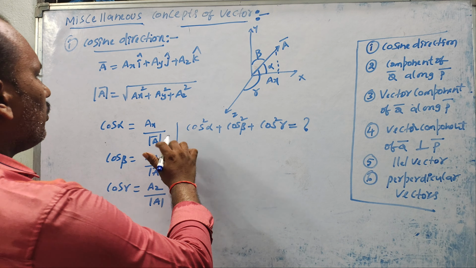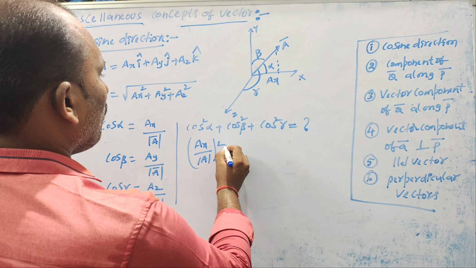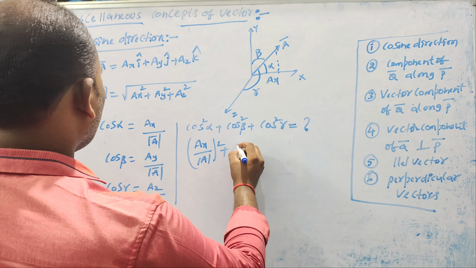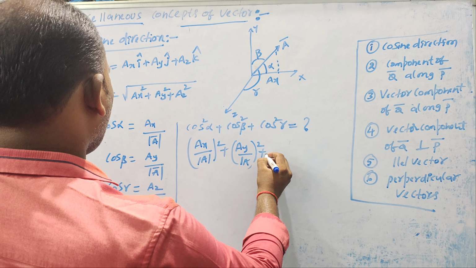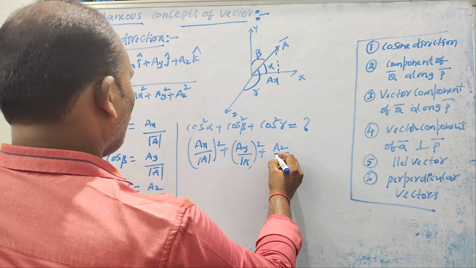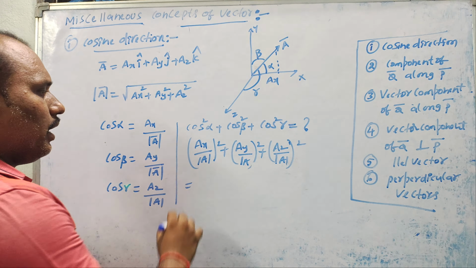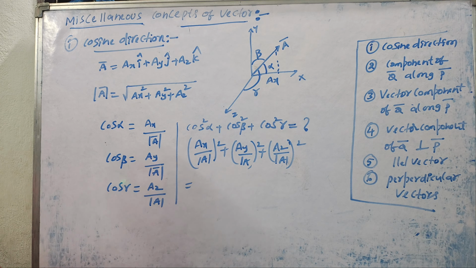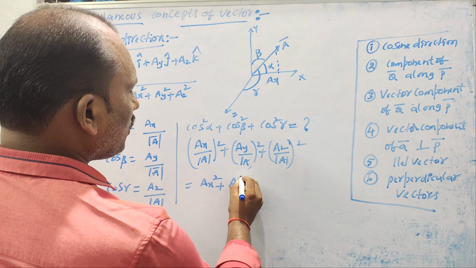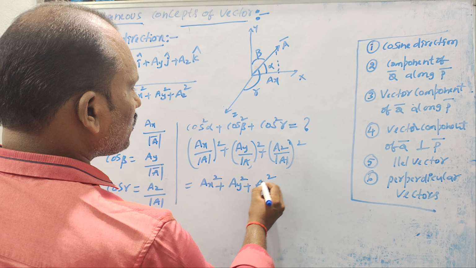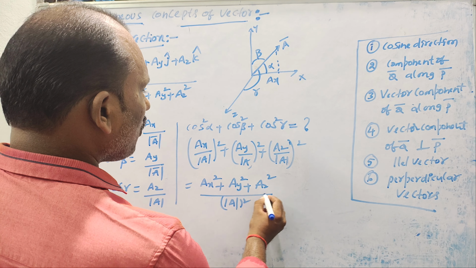Cos alpha square means AX by modulus of A whole square, plus AY by modulus of A whole square, plus AZ by modulus of A whole square. All the denominator values are the same, so we sum the numerator values: AX square plus AY square plus AZ square, by modulus of A whole square.